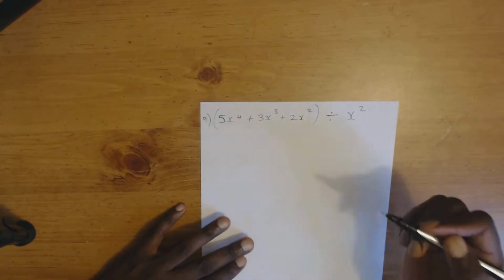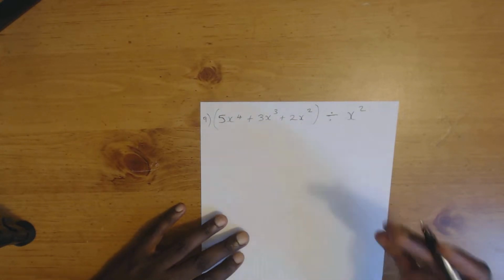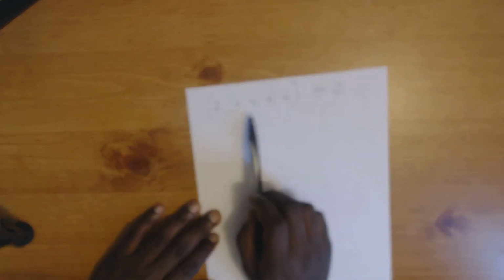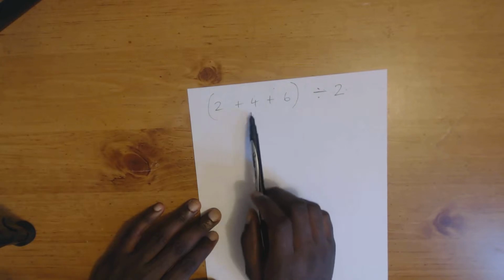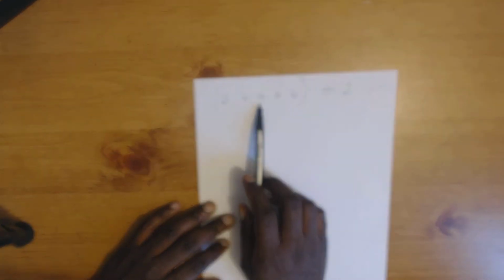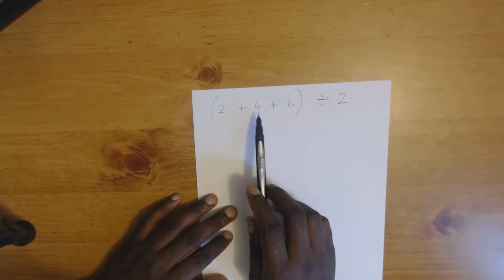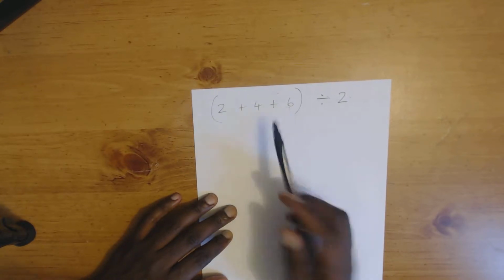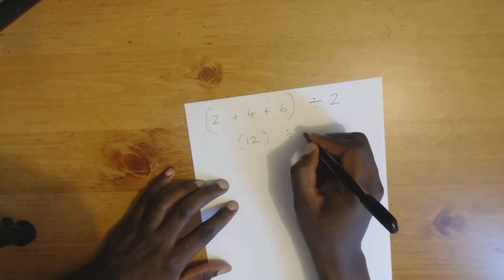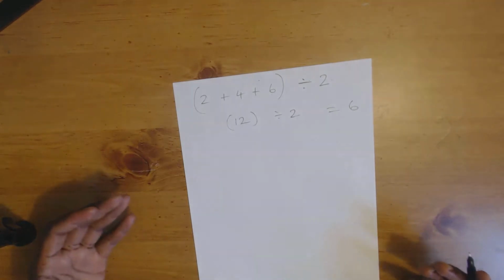But the point is we're not able to evaluate them unless we know what the variables are. With arithmetic it's different because we know what the numbers are and we're able to evaluate them. Everybody knows what 2 plus 4 is. That's 6, right? And 6 plus 6 is 12. And so we would work out the brackets and we get 12 divided by 2. And that's simple. That's 6.